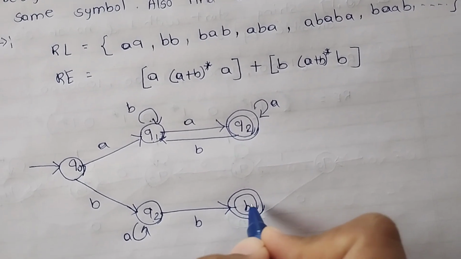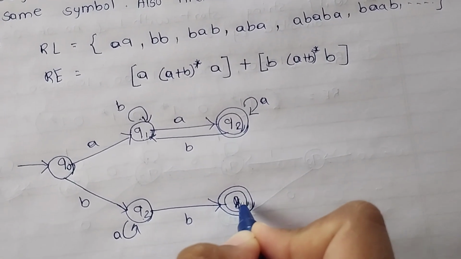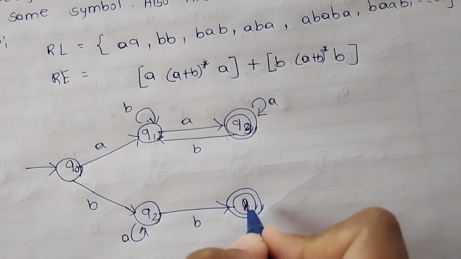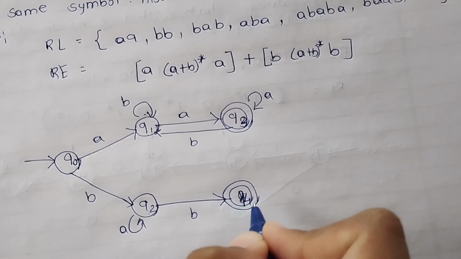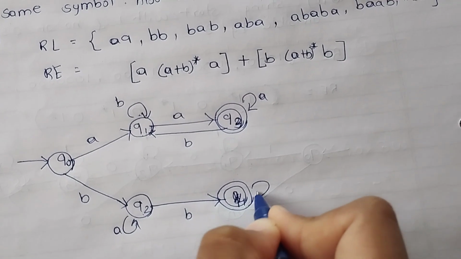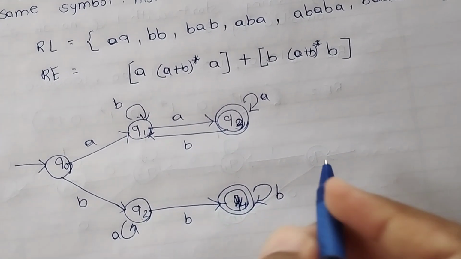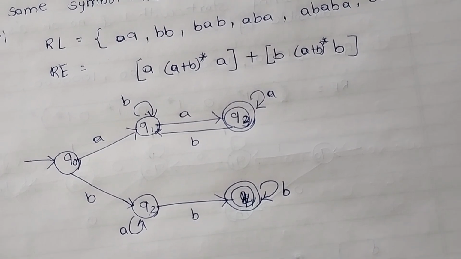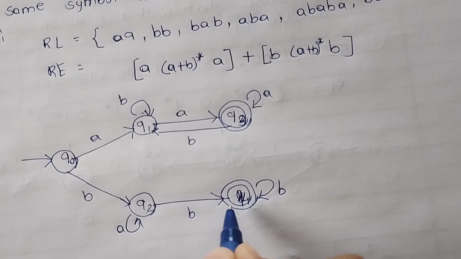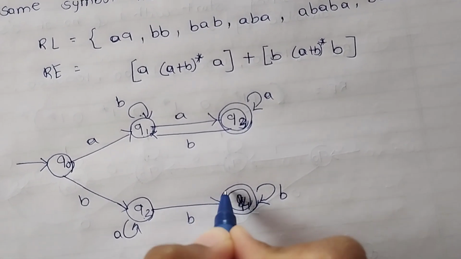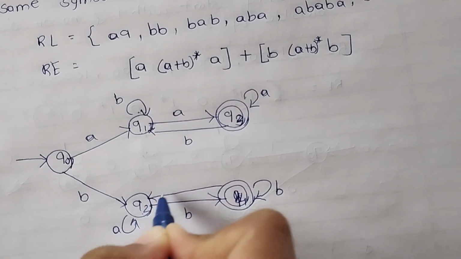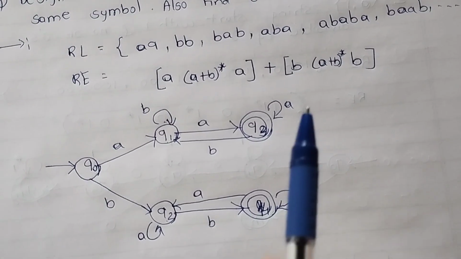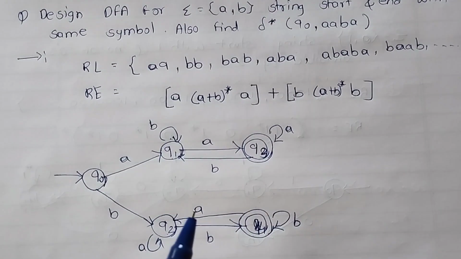Then this is Q3, because Q2 we write here, and this is Q4, let's suppose. Now we transfer the b itself here, because it ends with b and this is also b, so no issue. Now if any a comes after this b, then we move this a to the middle state. So this is the DFA for this statement.